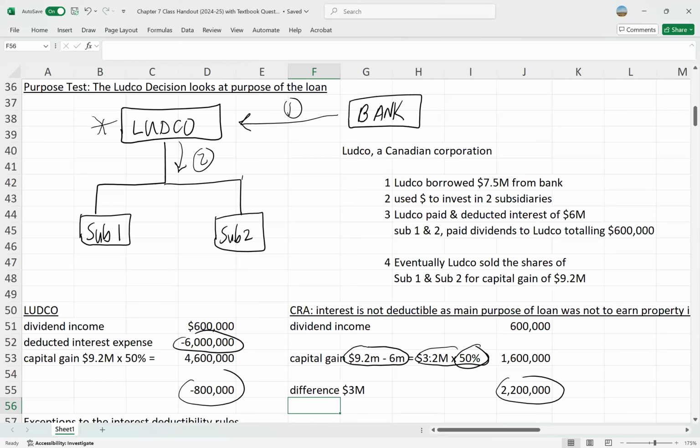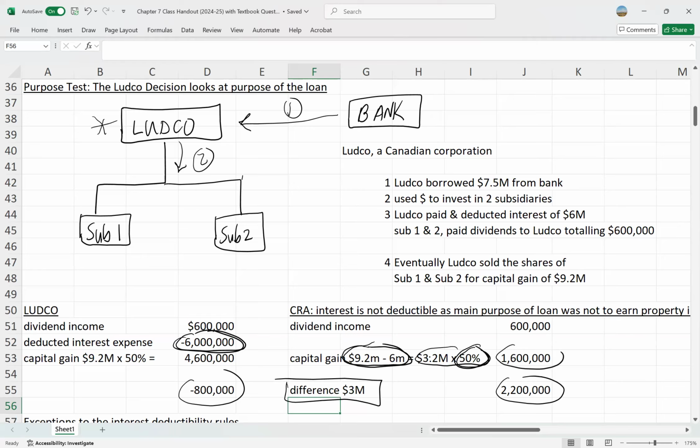So under Lutko's calculation, dollar for dollar, all 6 million was deducted, but the CRA said that the 6 million should only adjust your capital gain. And because only 50% of that is taxable, only 3 million of the interest ended up getting deducted when we calculated the taxable capital gain. So that's why there's this big difference of $3 million.